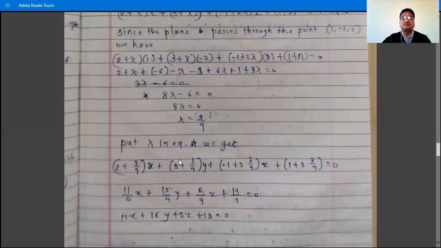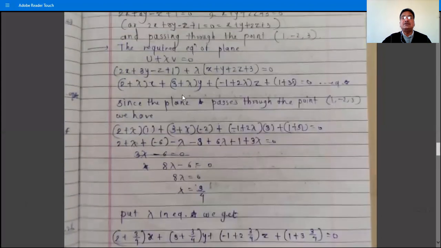Substitute this value of λ in equation star.